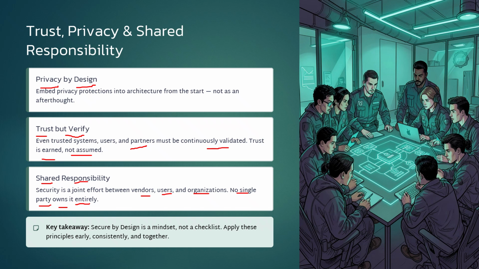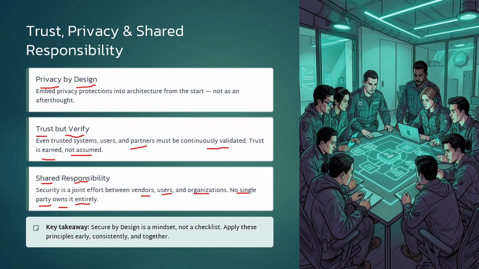Security is everyone's responsibility, not a single party's responsibility. And you have to have awareness trainings and pamphlets or anything that you feel can be shared with your vendors, so that they understand what shared responsibility is.